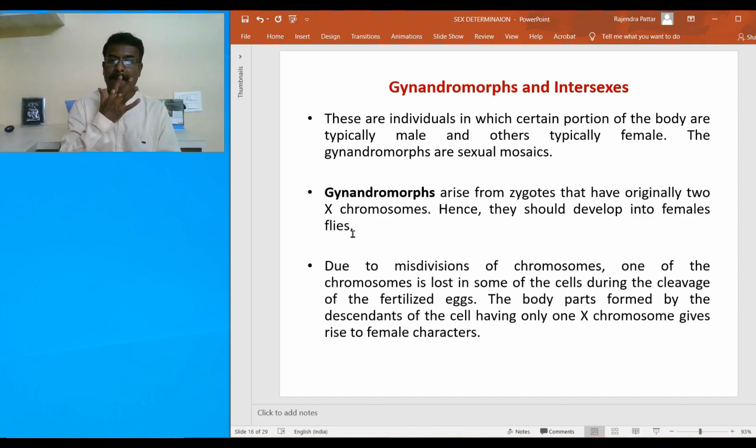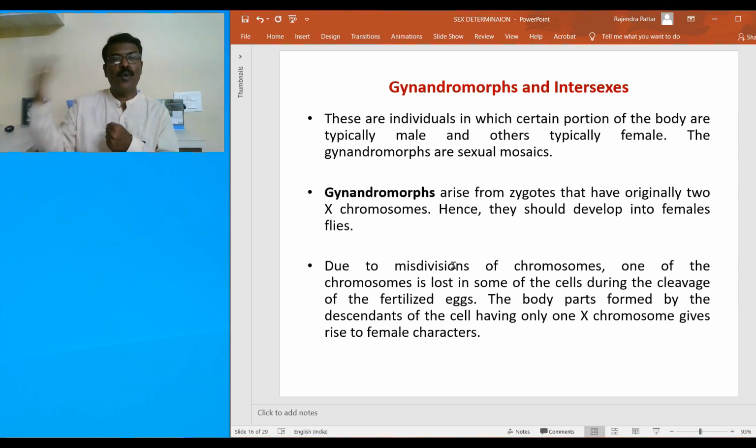So absolutely, for the origin of gynandromorphs, the zygote must contain a 2X chromosome complement. Please remember, this is normal so far, but the zygote has to undergo cleavage, and something goes wrong with the cleavage. Either at the first cleavage or at the second cleavage, the descendant cells of the zygote might lose one X chromosome, so that the next successive cells, by undergoing cleavage, would contain only one X chromosome.